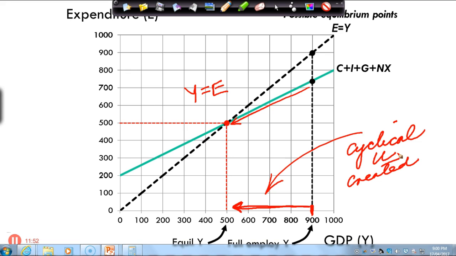By the way, if the economy were at full employment, it doesn't mean there's no unemployment. It just means there's no cyclical unemployment. Full employment doesn't mean no one at all is left without a job. It means that there are people who are unemployed, but they're unemployed for different reasons.